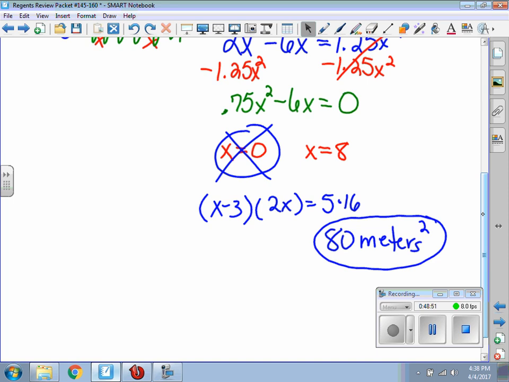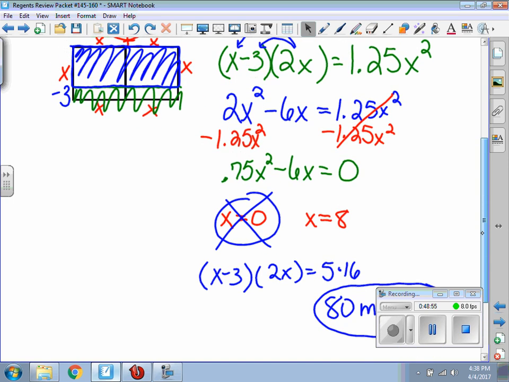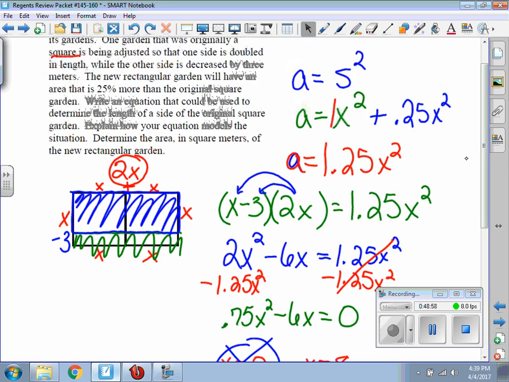I did miss part of the explain. If you caught that, I will go back and do that. When I reread the problem, I was like, oh, I missed the explain. It would have been easier to see if they had broken it down into tasks, like you will see on the Regents. So explain how your equation models the situation. I'll do that right up here.